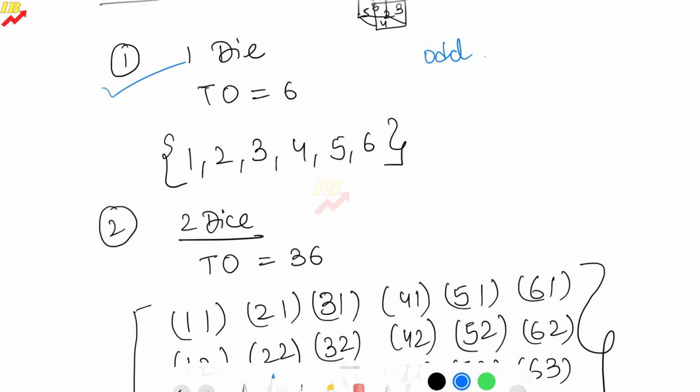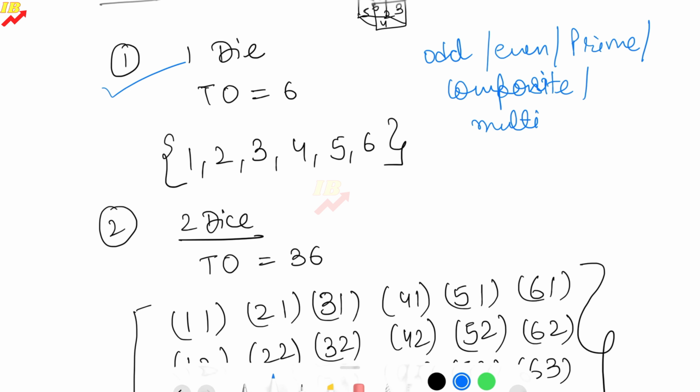Or they can ask you about the even number, or the prime number, or the composite number, or maybe the multiple of 2 or 3 or 5, something like that, very basic things, right? So I hope you understand all of these words, right? So what is an odd number? Odd number is which is not divisible by 2, right? So these are 3 numbers, correct? So the probability will be 3 over 6.